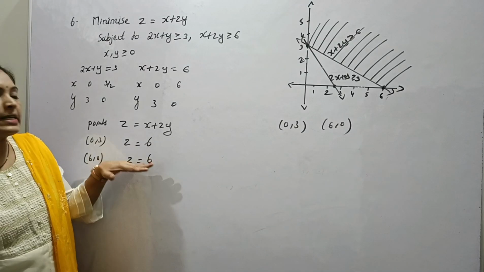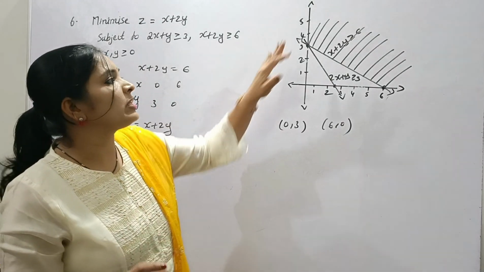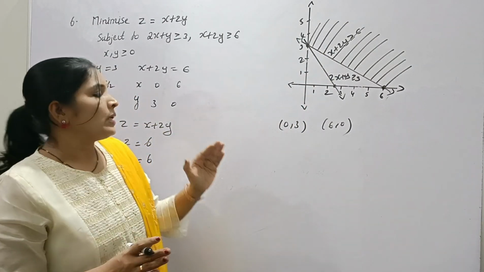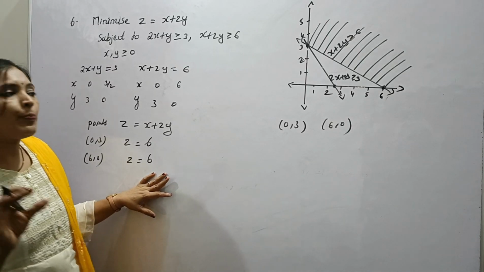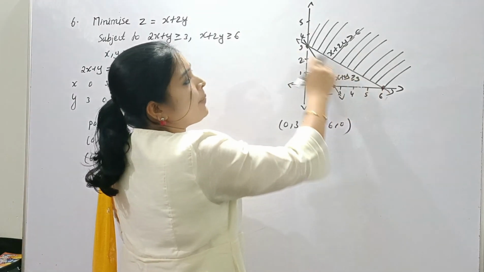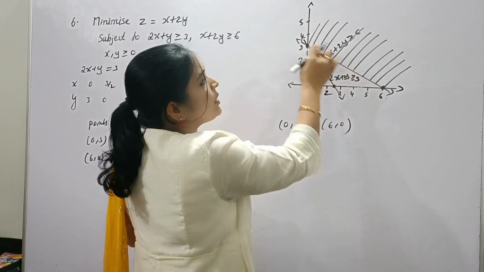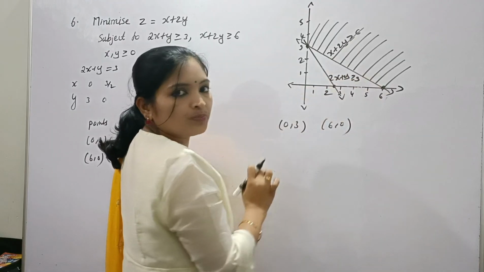Minimum value of z is 6, and here there is no common point with this feasible region, right? So here we can say this z is minimum at the points on the line joining the points. See, this line joining the points 0, 3 and 6, 0.